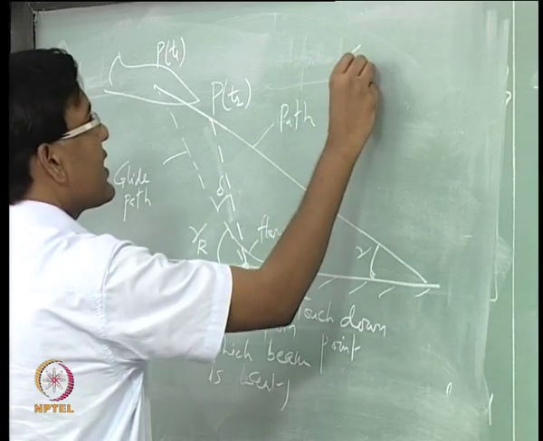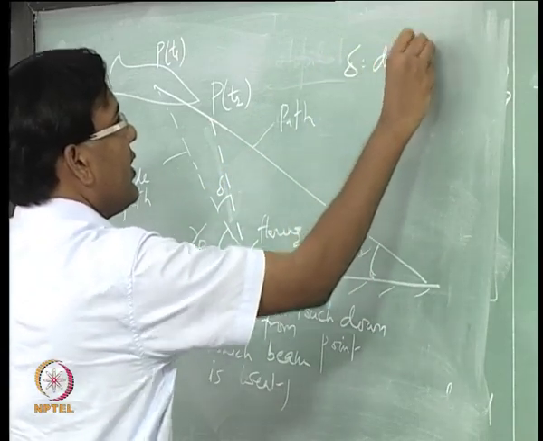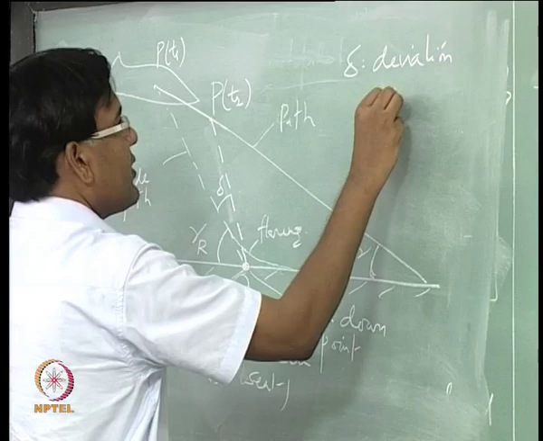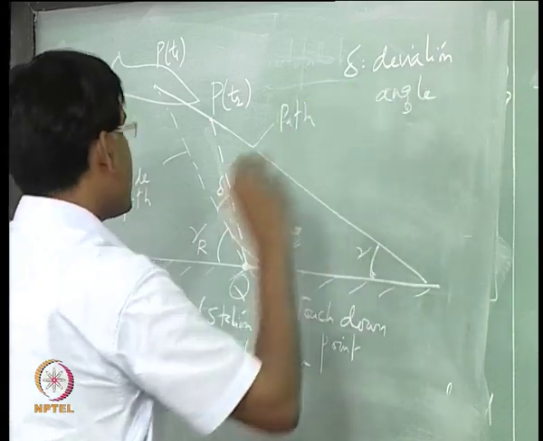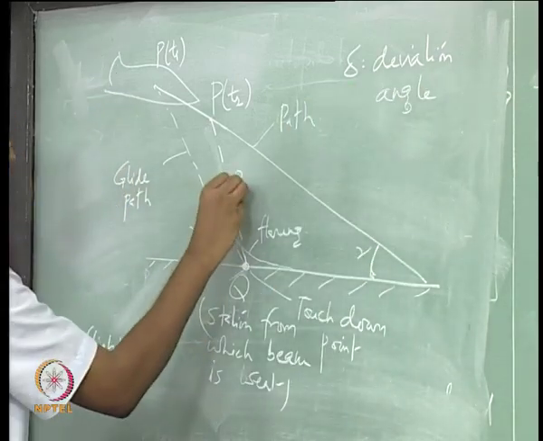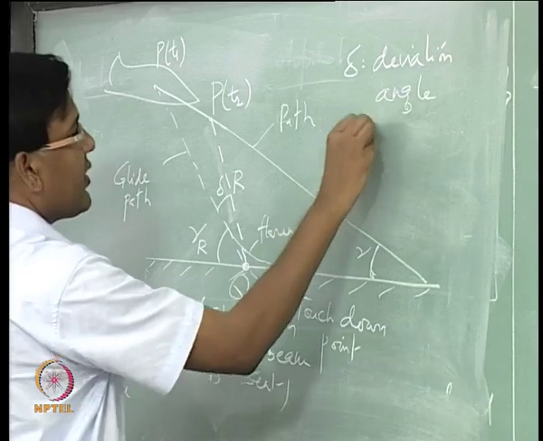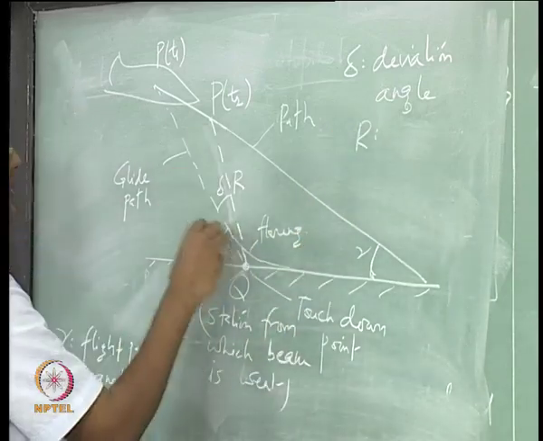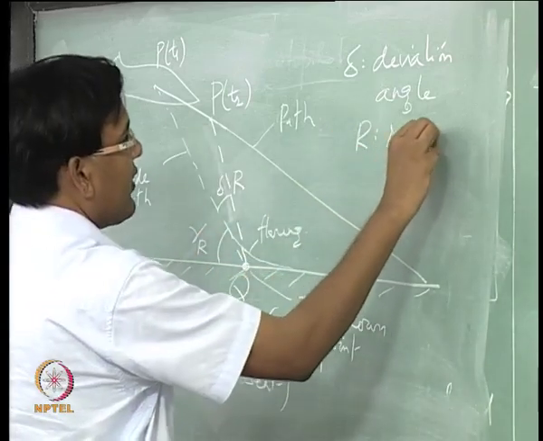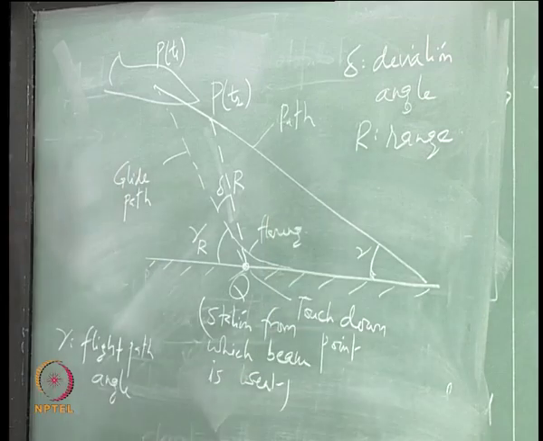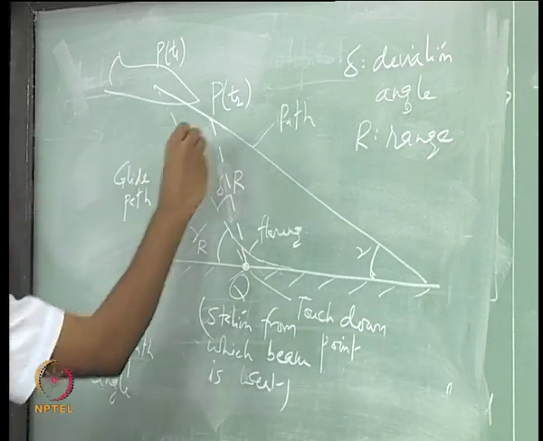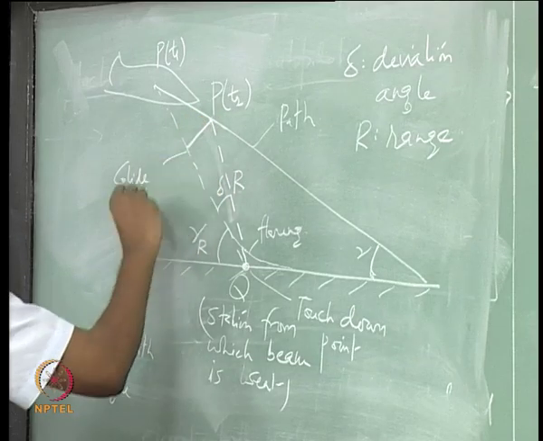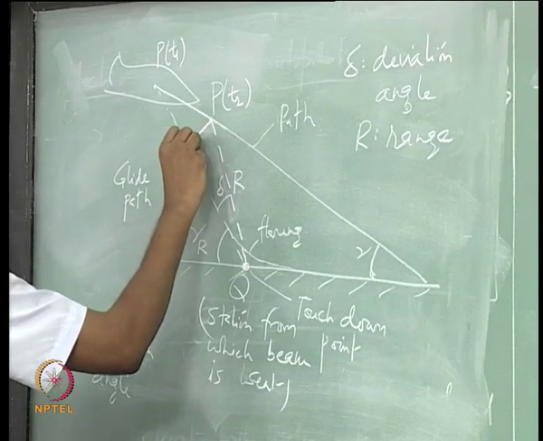This delta is the deviation angle, r is the distance which is called range, and this is the lateral correction.